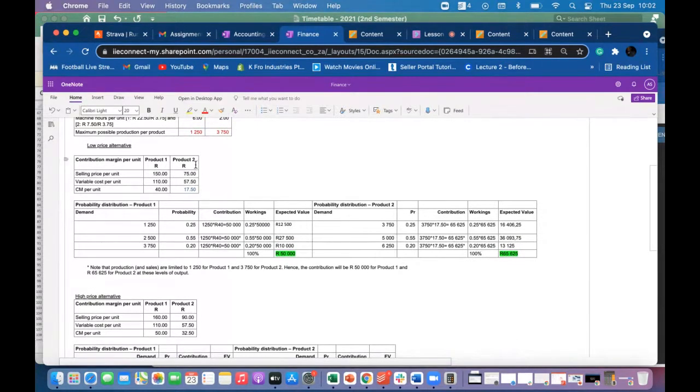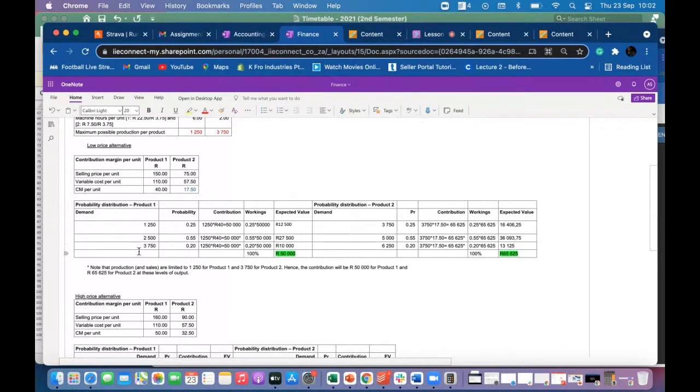Why are we doing this? So that we can see which one yields the highest contribution per unit. And here you can see that it is product 1, all right?